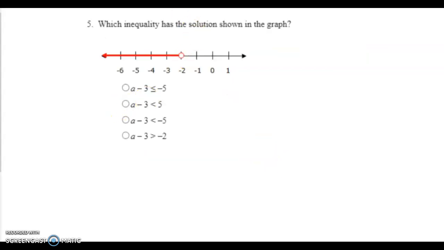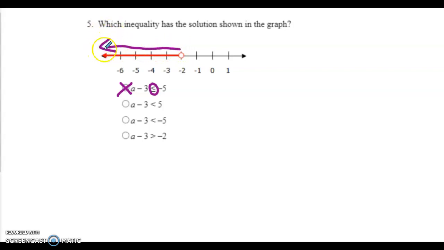All right. Which inequality has the solution shown in the graph? Well, a couple things. The first thing I notice is that it's an open circle. And if it's an open circle, it cannot have the equal to line under it. See how this one has the equal to line under it? So I automatically know that can't be an answer because it's an open circle. The other thing that I noticed right away is that my arrow is pointing that way.